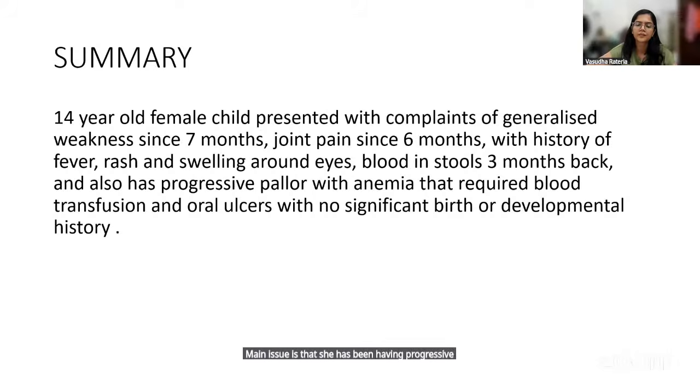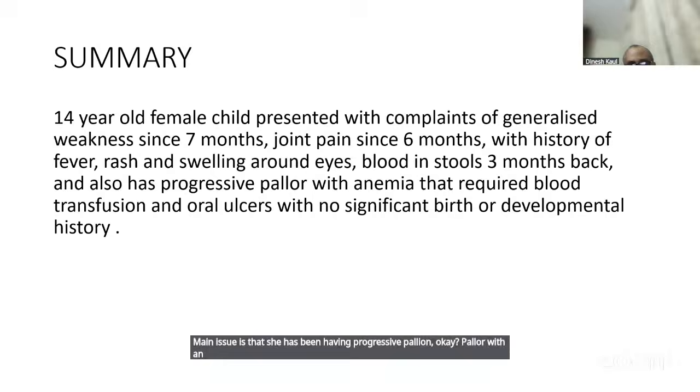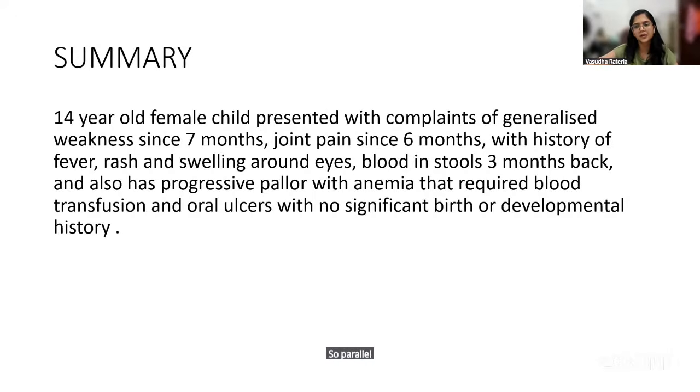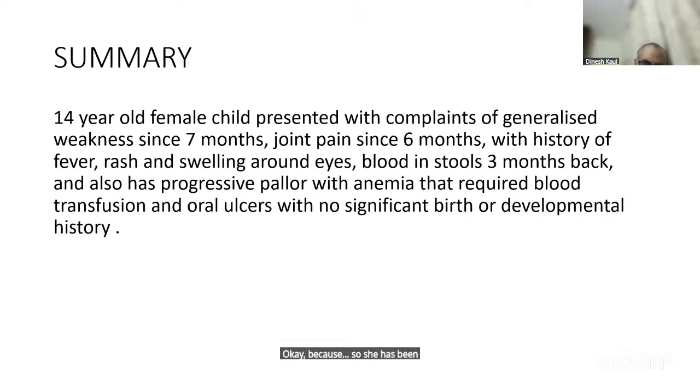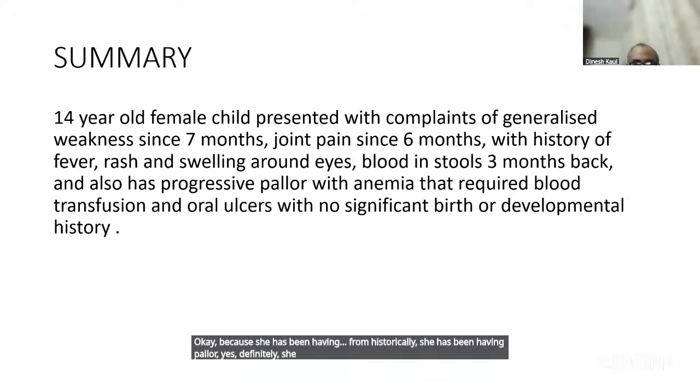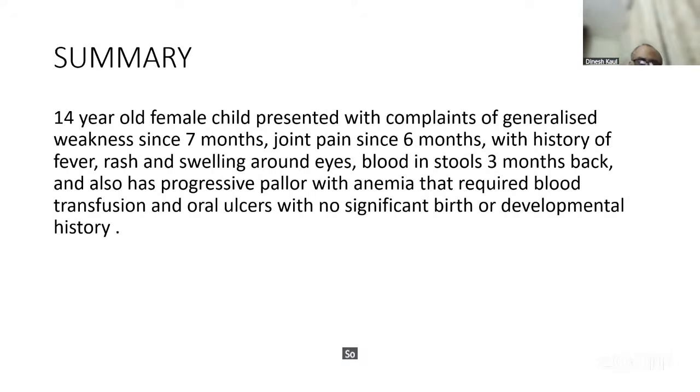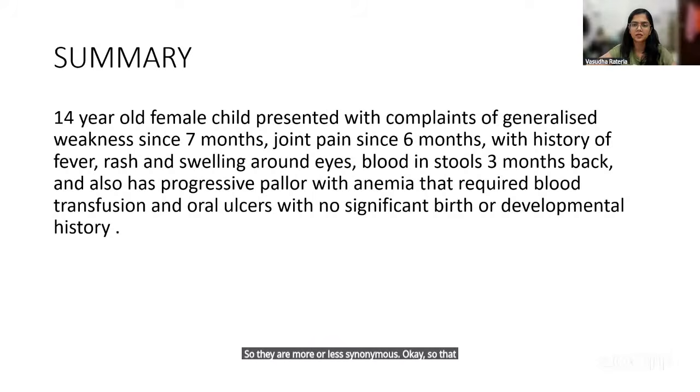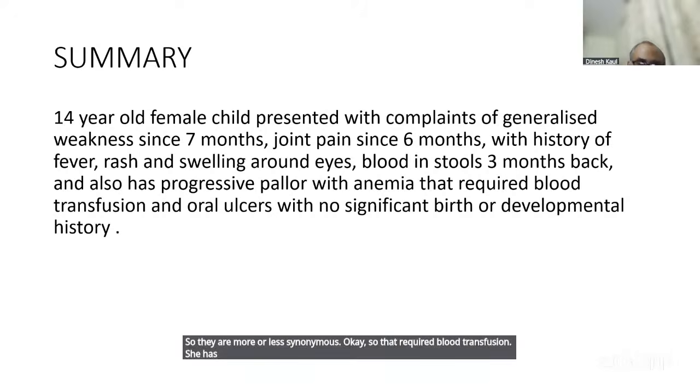Pallor with anemia. What does it mean? So pallor with a documented anemia that required a blood transfusion. Historically she has been having pallor, and definitely she was anemic, so they are more or less synonymous. That required blood transfusion. She also has a history of oral ulcers.